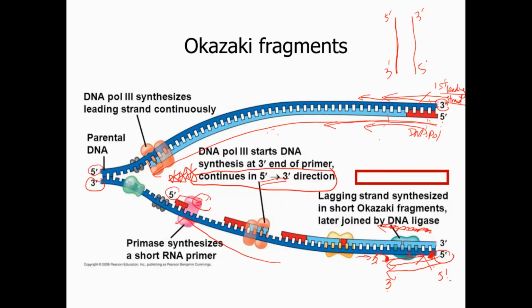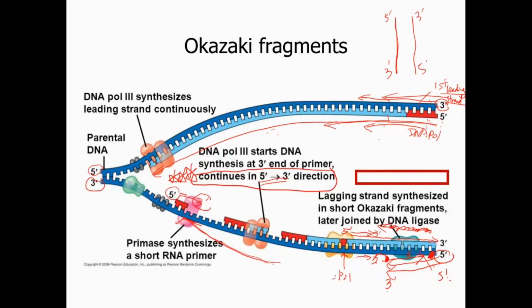So instead of starting from here, it has to jump ahead a little bit and then synthesize a fragment. Let me use this. So the DNA polymerase jumps ahead. It's gonna come here and it's gonna synthesize from 5 to 3. That's the correct direction for the enzyme. So it's gonna make this fragment, all right?